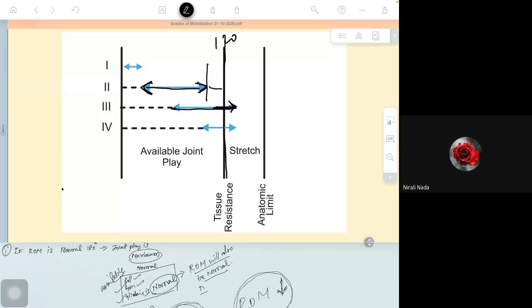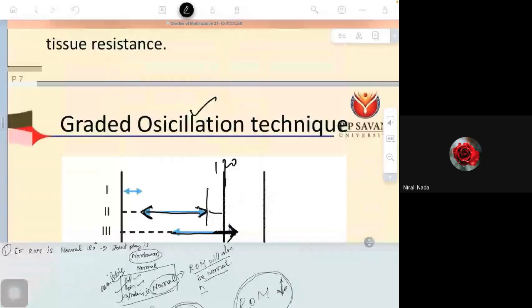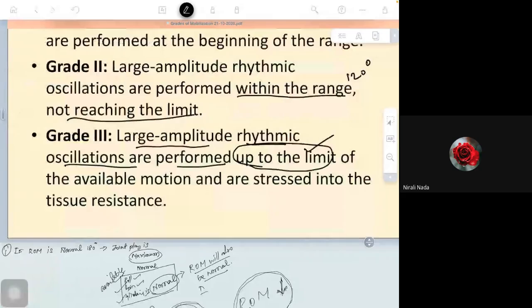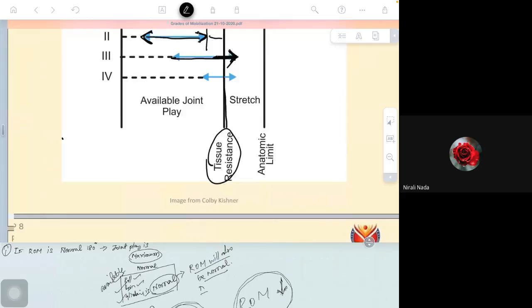You are slightly crossing the tissue resistance. Clear? Large amplitude rhythmic oscillation performed up to the limit of available motion, that is 120 degrees, and stressed into the tissue resistance.